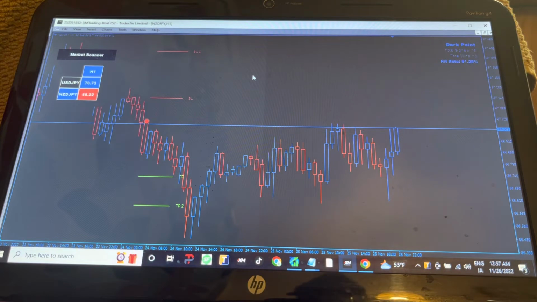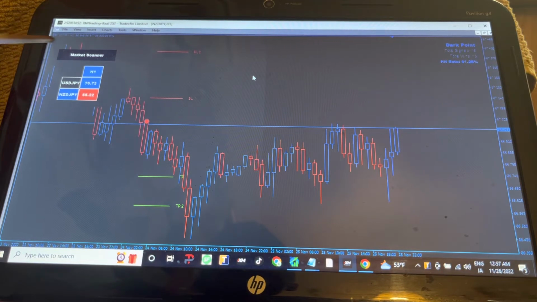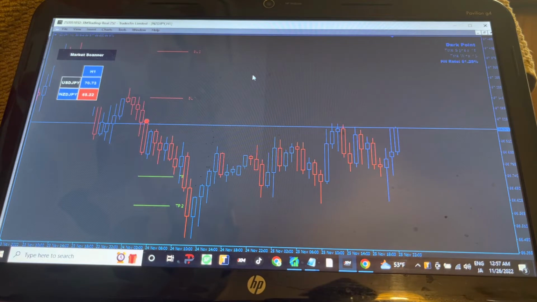Now, this chart in front of me is the NZD JPY, New Zealand Japanese yen. Before I start saying anything about this pair, we want to talk first about correlations. The reason why this is my pick of the week is because I've looked at the correlations going on in the market, and I've seen the USD JPY is on its way up.